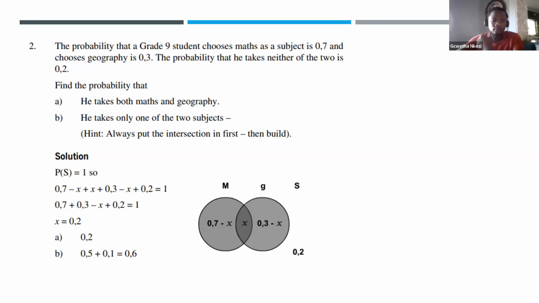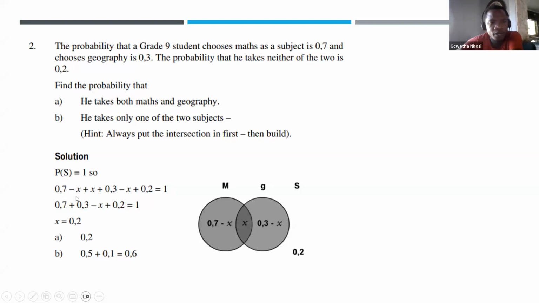So we are going to add the probability that the student takes mathematics only, plus the probability that the student takes both mathematics and geography, plus the probability that the student will take geography only, and the students who will not take either geography or mathematics. Then you have to equate that to 1.